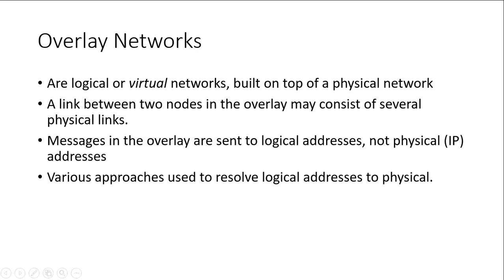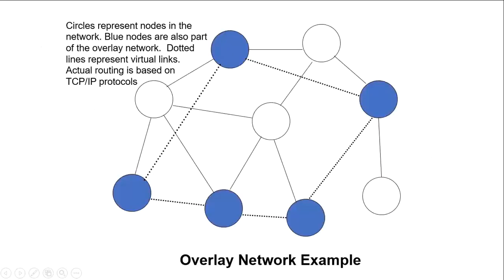If we talk about the overlay, we can take the example of a VPN, virtual private network, that is created for some specific organization, and virtual IP addresses are assigned. Various approaches are used to resolve logical addresses to physical ones. So an overlay network example is like this. We have peer-to-peer links.